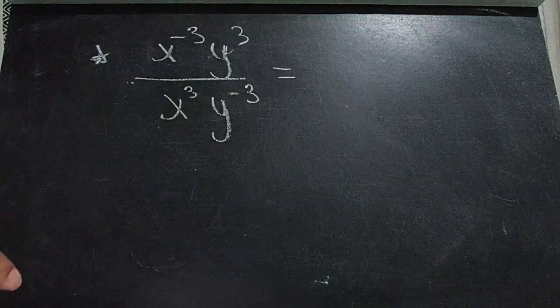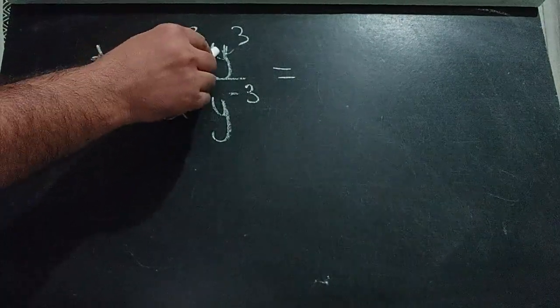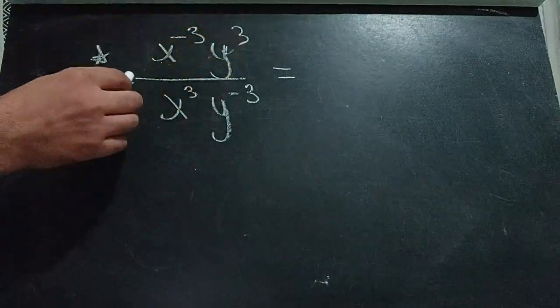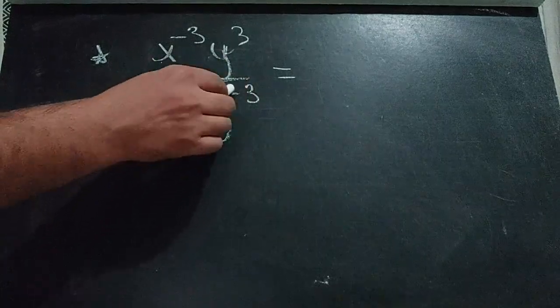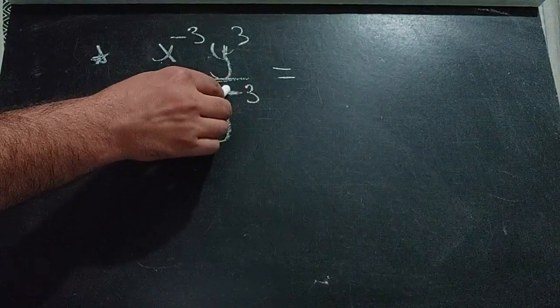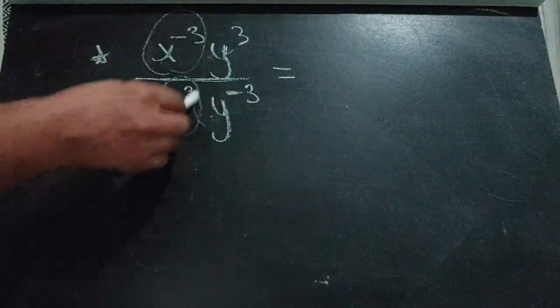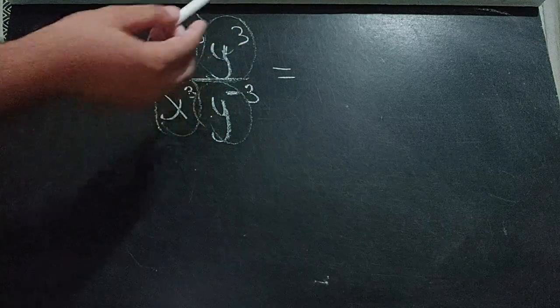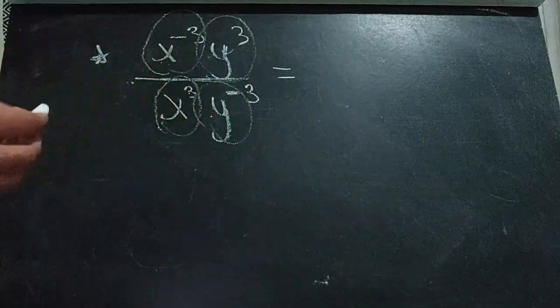So my next question is x power negative 3 times y power 3 over x power 3 times y power negative 3. I will handle the same bases separately. So now remember, I was subtracting the powers from each other.